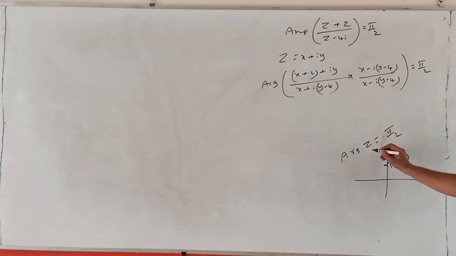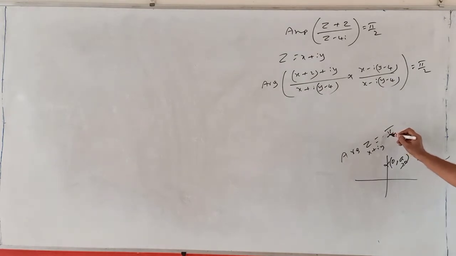So if z is x + iy, argument of x + iy equal to 5π/2 means the point lies on the positive y-axis when the real part x equals 0 and the imaginary part y must be greater than 0. If the argument of z is minus 5π/2, in that case the point lies on the negative y-axis: x is 0 but y is negative.